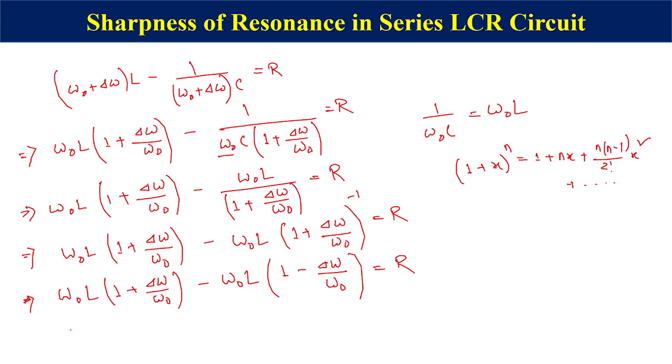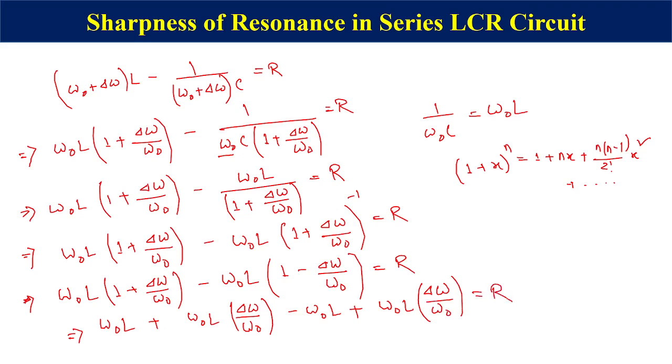So I have done it a little direct here, and from this expression I can easily see that omega naught L plus omega naught L into delta omega by omega naught, then minus omega naught L plus omega naught L delta omega by omega naught, that's equal to R. So omega naught gets cancelled from both sides, and in fact omega naught L and omega naught L also will get cancelled.